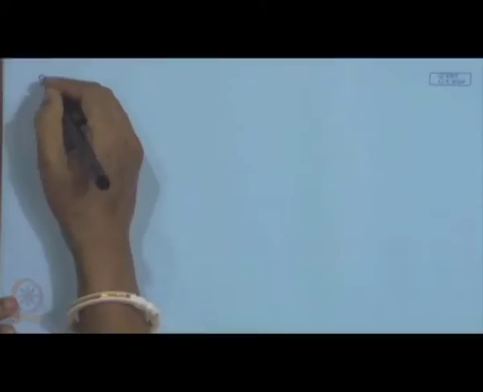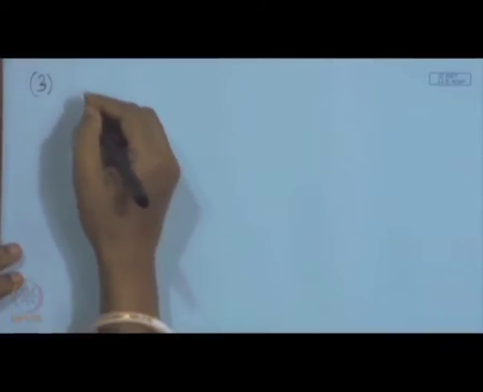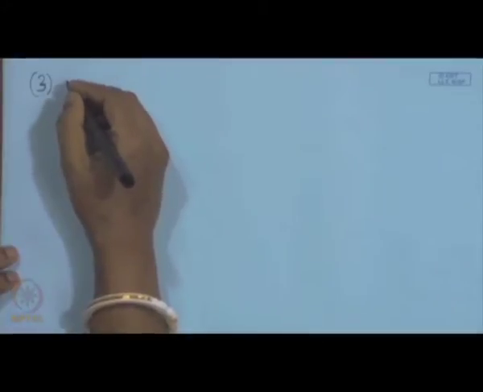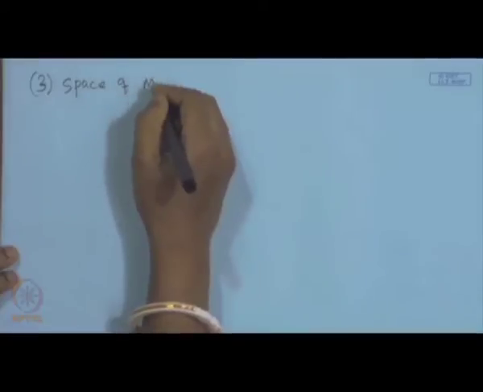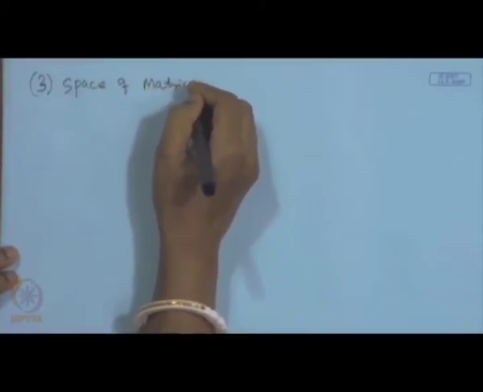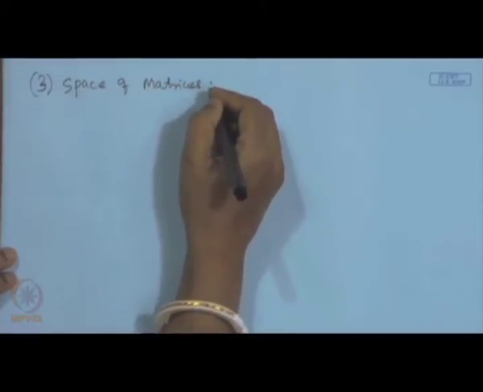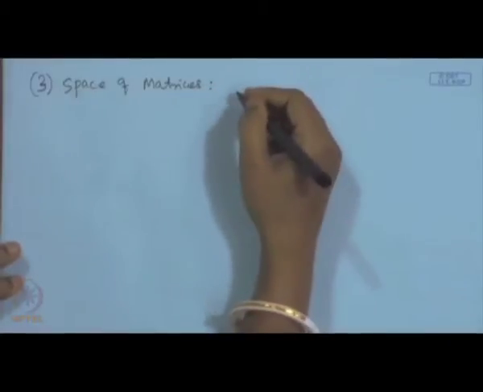Next, we will have the third example, that is space of matrices. A collection of matrices also forms a vector space.